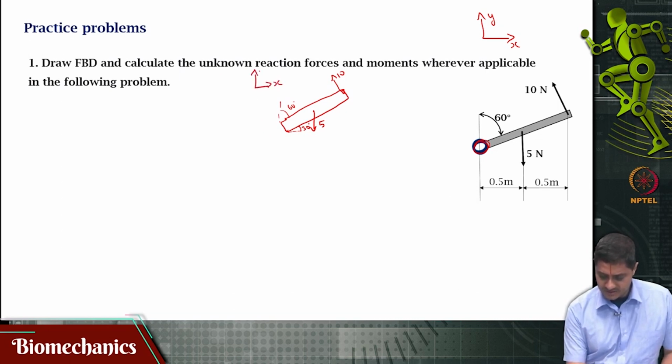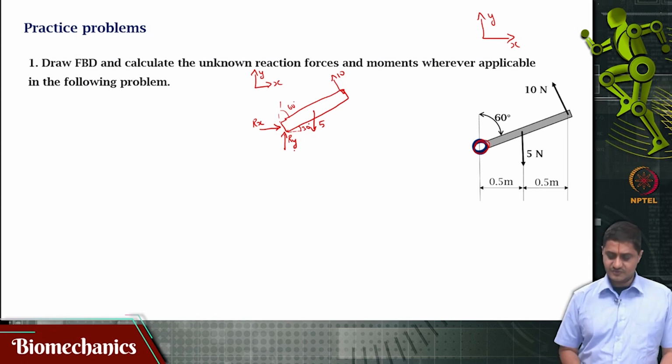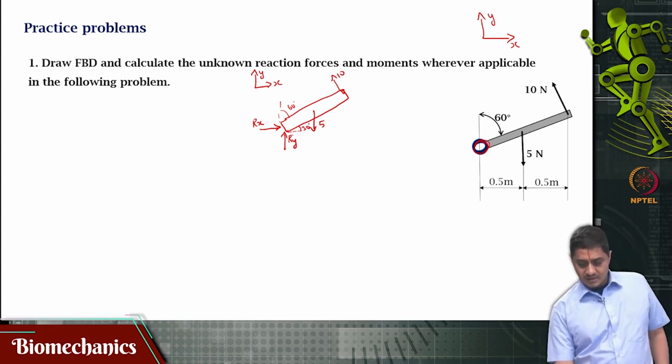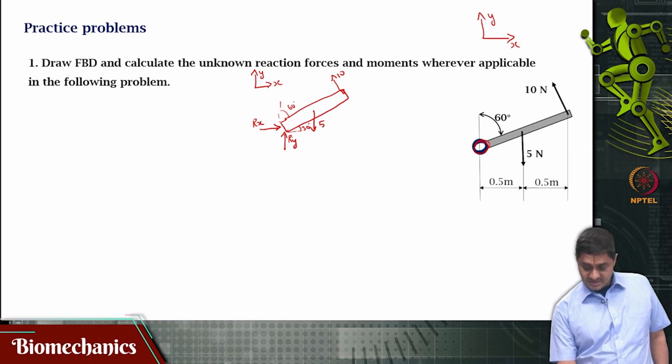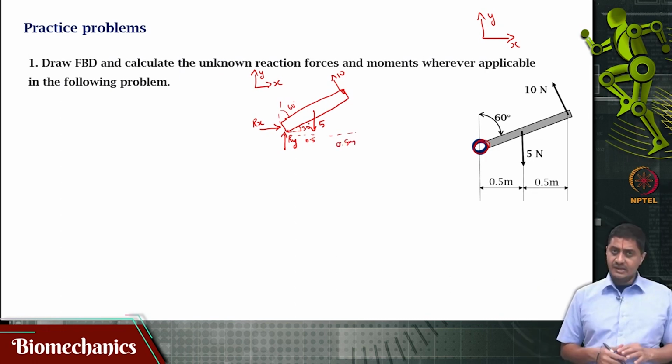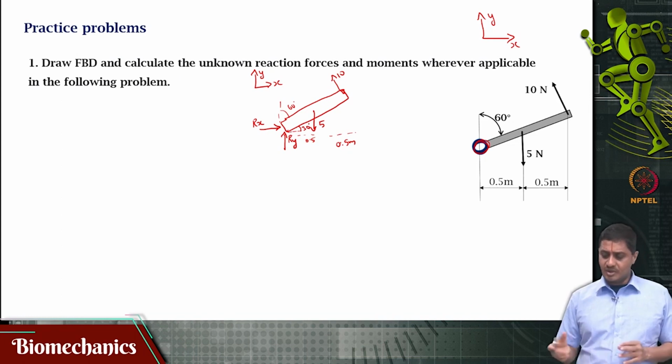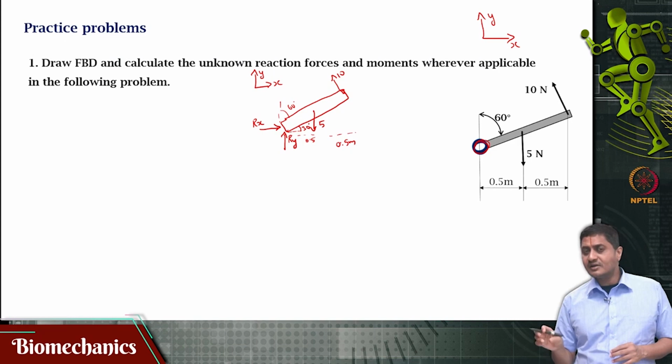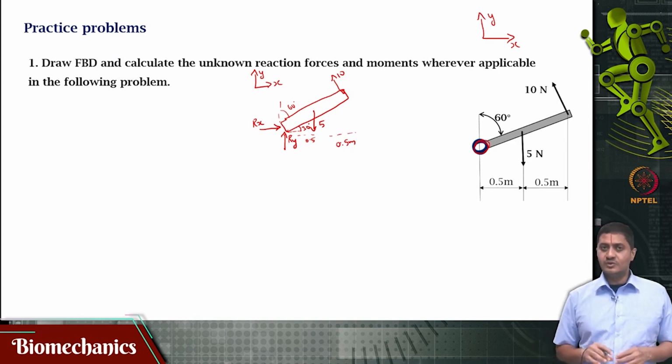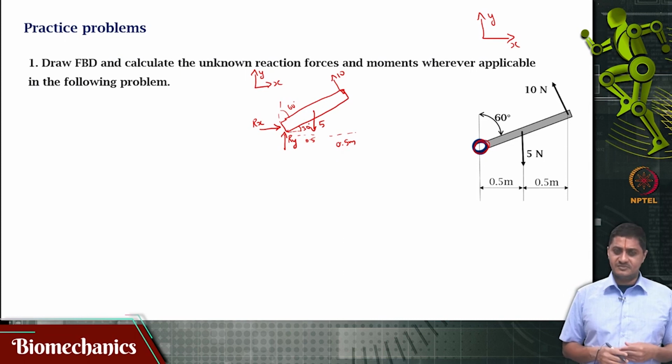Remember, that will be the xy axis. There will be a reaction component along the x axis, which we are going to call Rx. There will be a reaction component along the y axis, which we are going to call Ry. And these distances are given to be 0.5 meters and 0.5 meters. Is there any moment that will be there? No, because this bar can rotate about O, there will be no reaction moment, there will only be two forces.